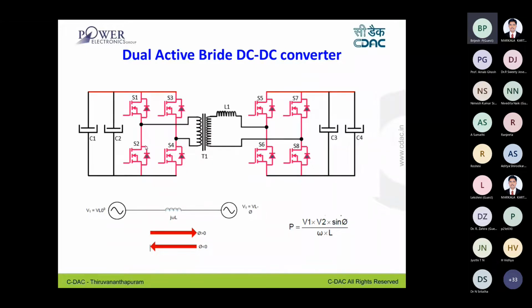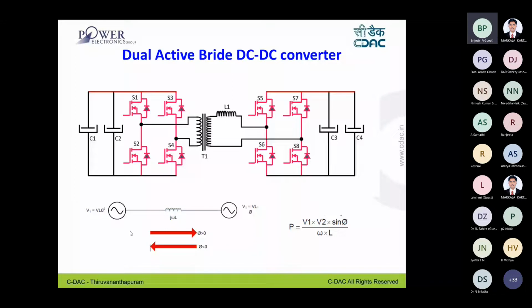And you have symmetrical H bridges on both sides of the transformer, and an inductor for power transfer. These are the basic components in the dual active bridge. And for power switches, we are using SiC based modules so that we can easily operate at 50 kilohertz.